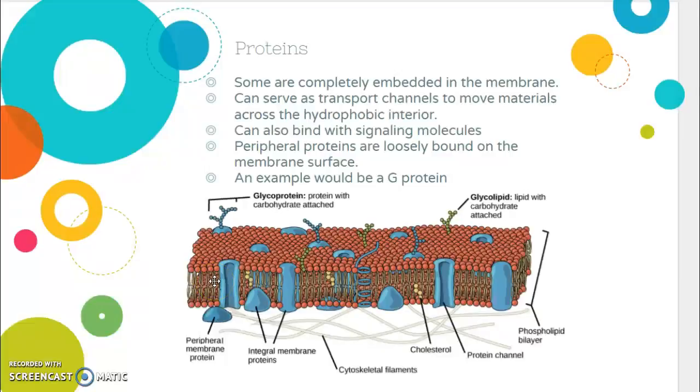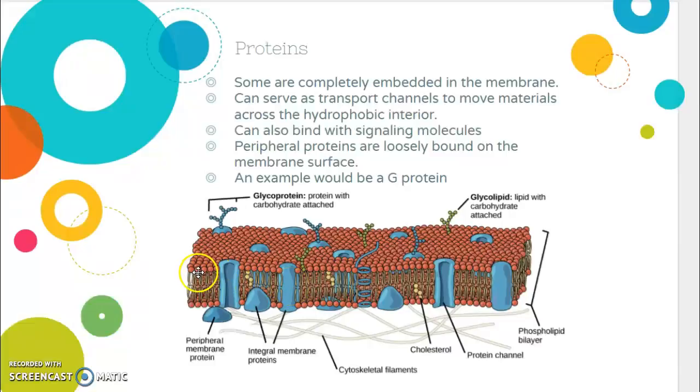We also have some that can bind with signaling molecules, and then we have peripheral proteins, which are right here. They loosely bind to the membrane surface, and then I have an example as a G protein, and we're going to talk about that more a little bit next week. But just know that these giant blue structures, those are the proteins, and they can appear in different shapes and different forms, and they have different jobs.